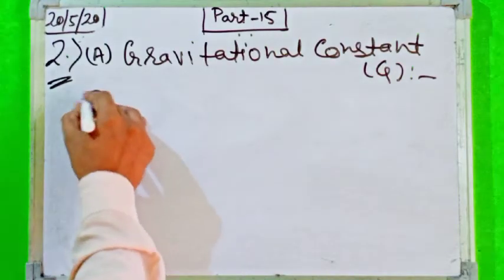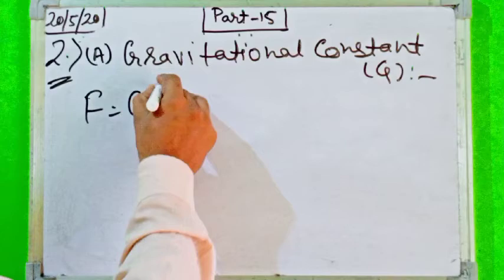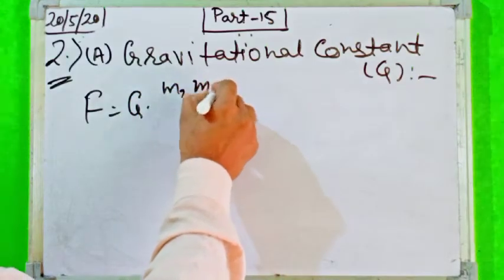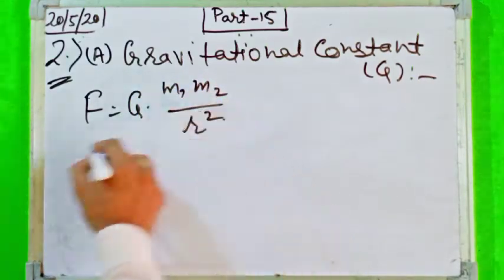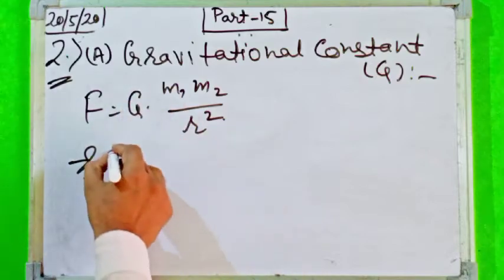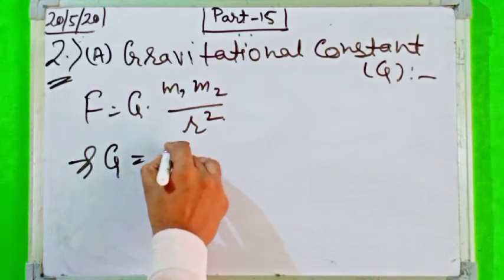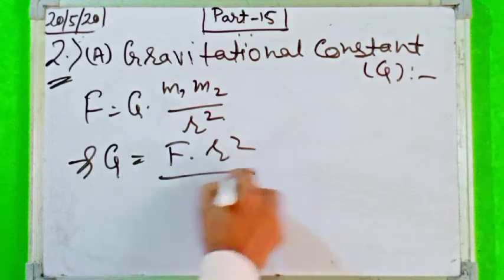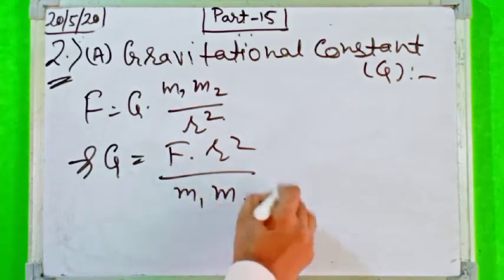We know that F is equal to G m1 m2 upon r square, and from here we can find G is equal to F into r square upon m1 into m2.